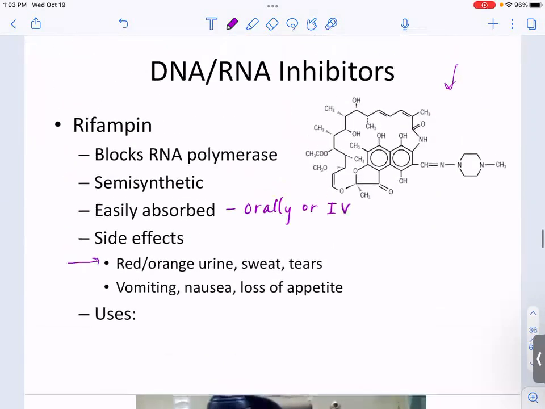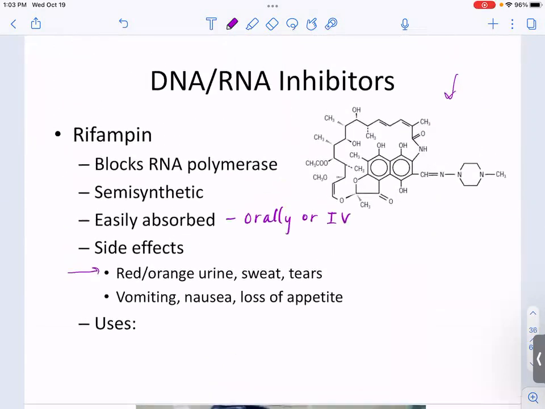There are some other side effects associated with this drug, like nausea and vomiting, kind of loss of appetite. We could use this drug for a lot of different things. I think it's fairly broad spectrum, but we primarily reserve it to use for TB and leprosy.